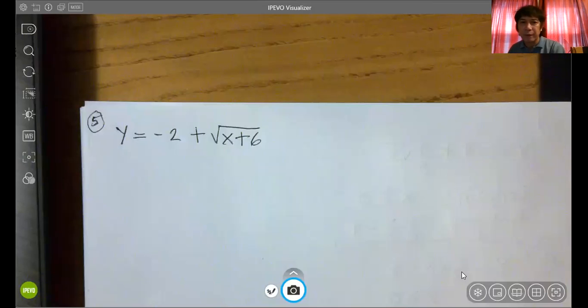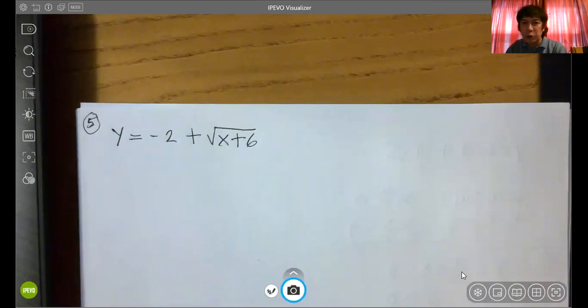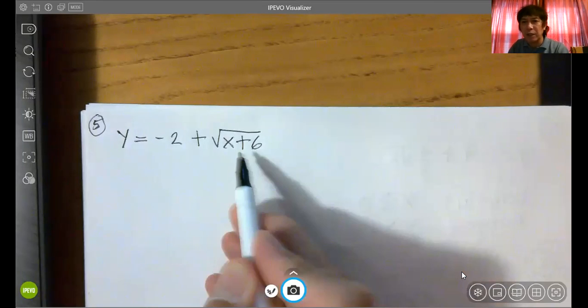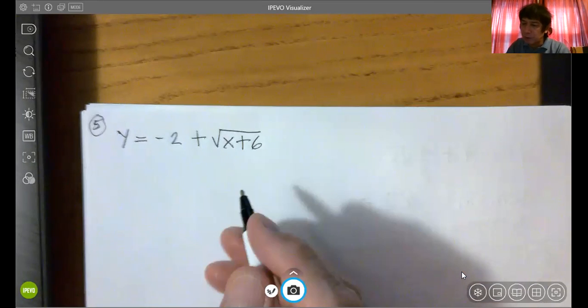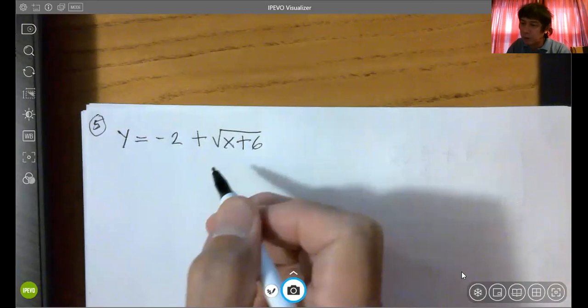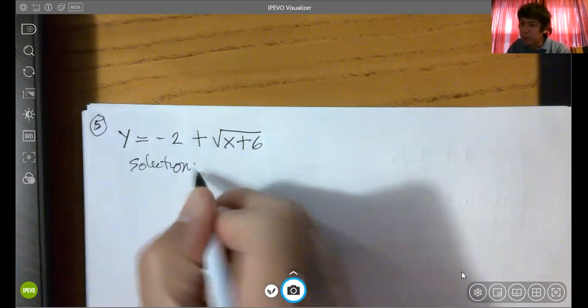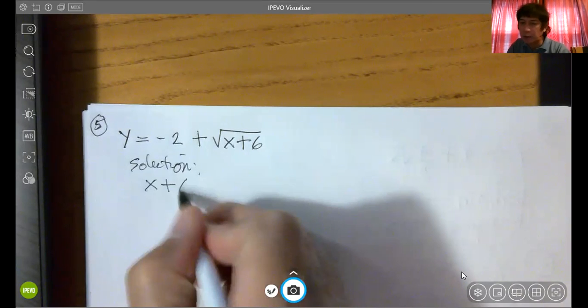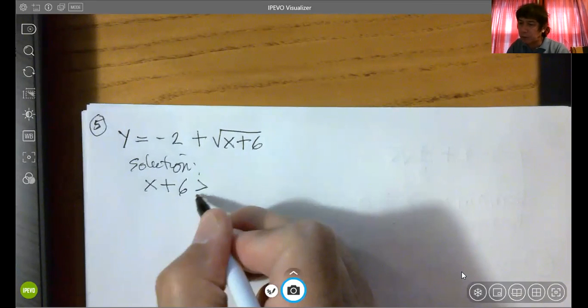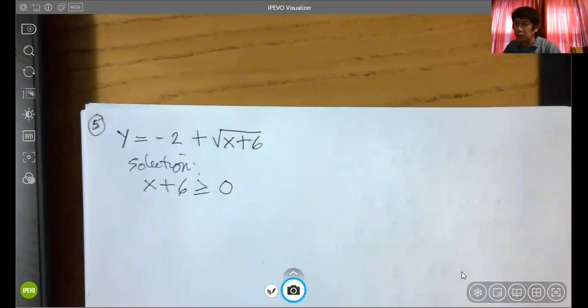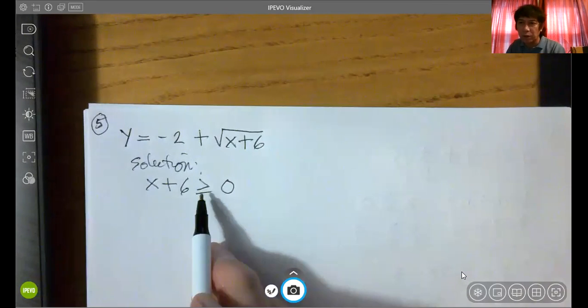So we have for the domain, the radicand is x plus 6. We shall begin with the solution. x plus 6 must be greater or equal to 0.